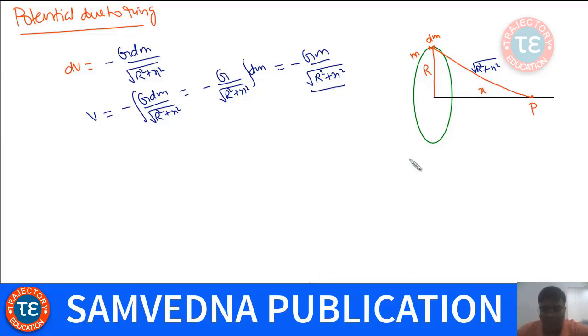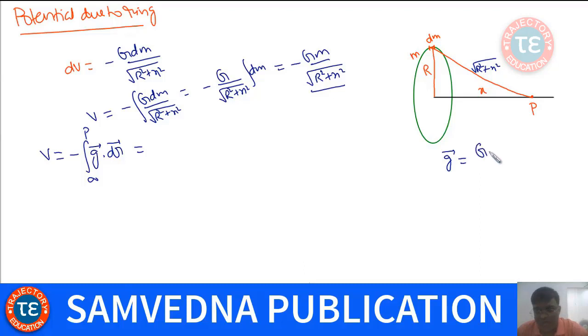Alright. We can do this in another way also. I told you the potential is given by minus g dot dr from infinity to point P. So in case of the ring, what is g?